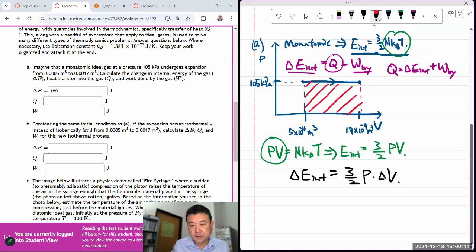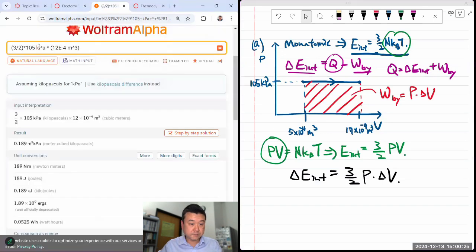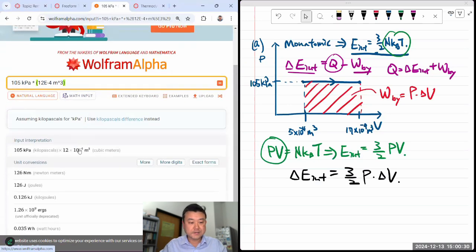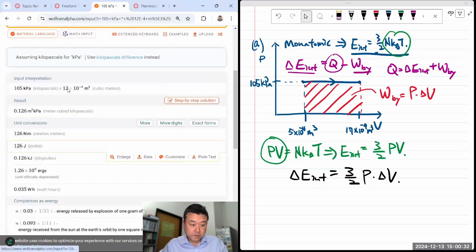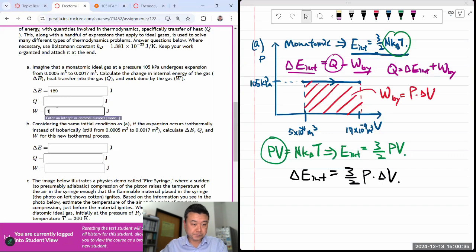Or, I guess this is work done by the gas, P times delta V. P is the height, delta V is the width. So here, in fact, I already have P times delta V, just get rid of 3/2. That's my work done, 126 joule. And heat transfer from this expression here is the sum of these two. Oh, I think I can do that in my head. 315. Hopefully I did it correctly.